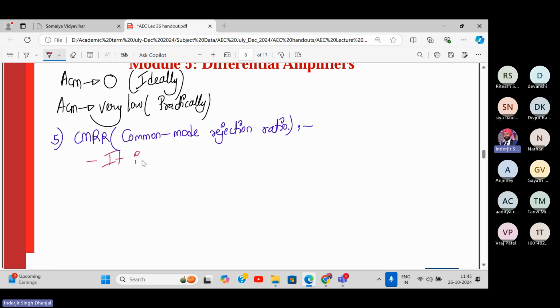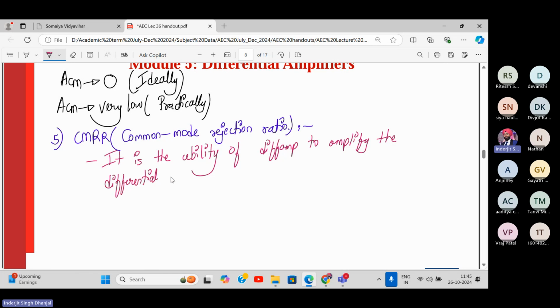It is the ability of differential amplifier to amplify the differential mode signals and reject common mode signal. So CMRR is the ability of a DFAM or a differential amplifier to amplify the differential mode signal and reject the common mode signal.